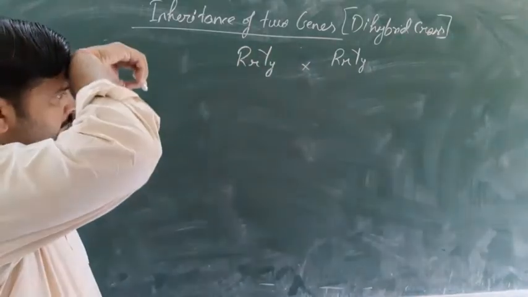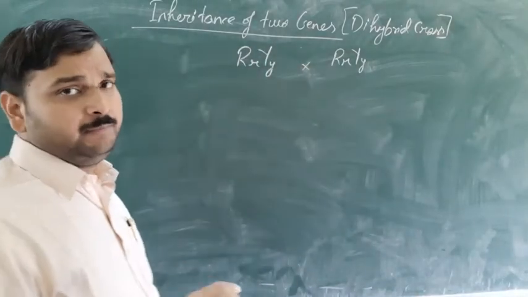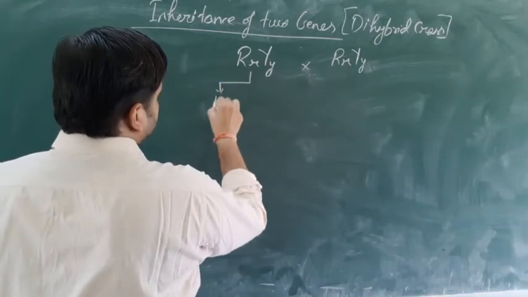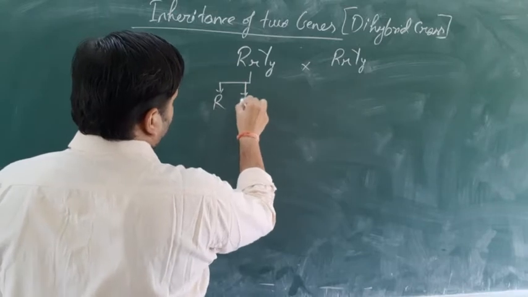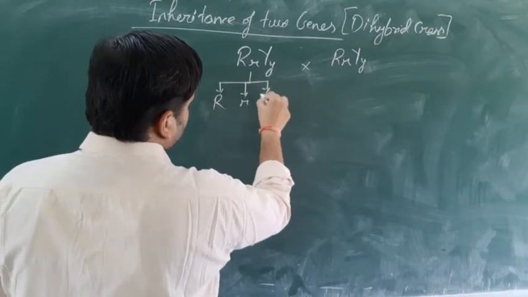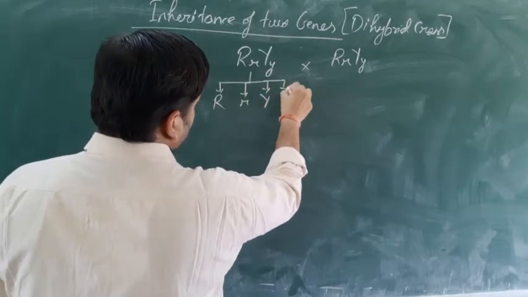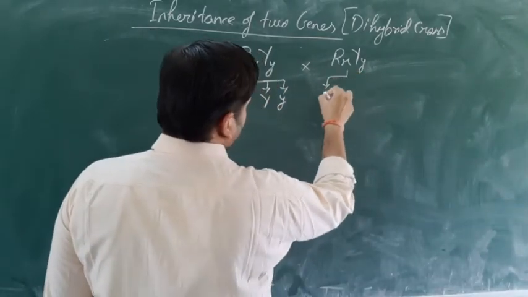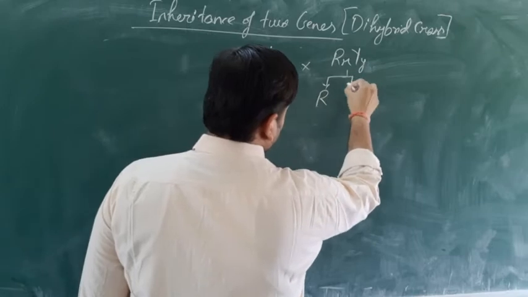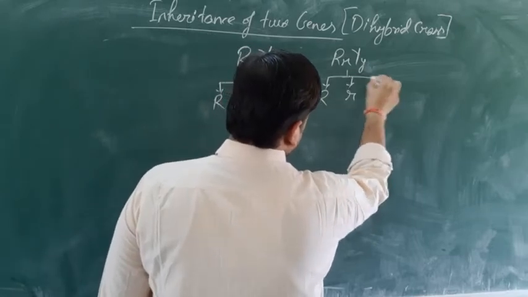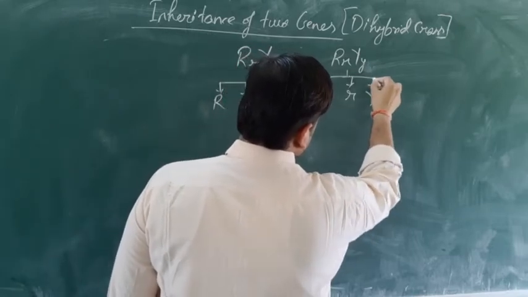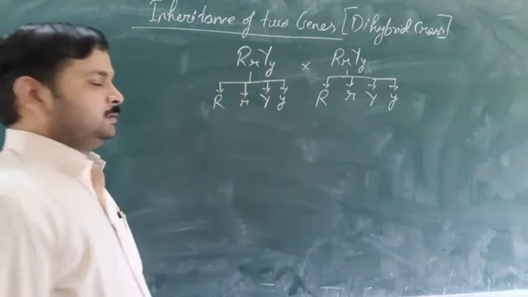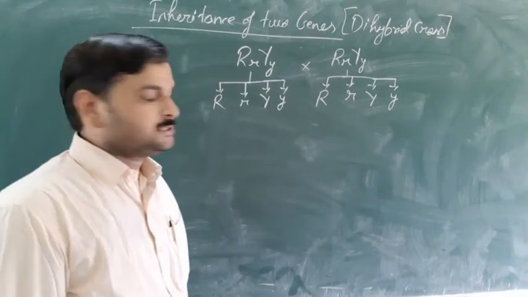Now here you should know the proper method of making the gametes. So to make the gametes, just separate all of them. Here also. You have to separate.